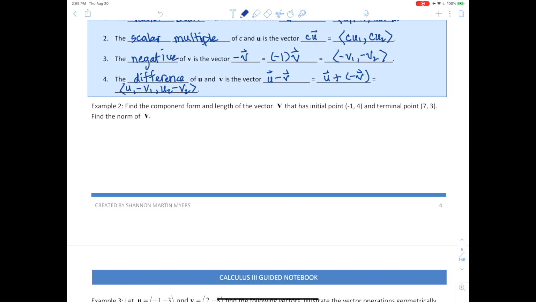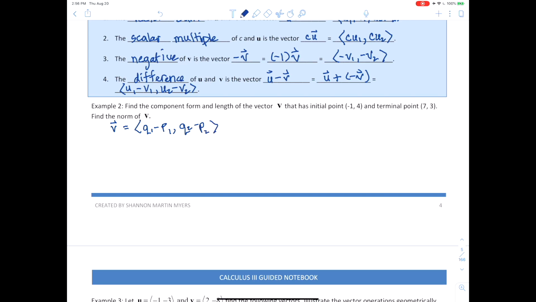Okay, let's see how you did. Well, v is equal to, what did we say in general? So v has some initial point (-1, 4) and a terminal point of (7, 3), right? So remember in general, what did we say? v was equal to (q1 minus p1, q2 minus p2).